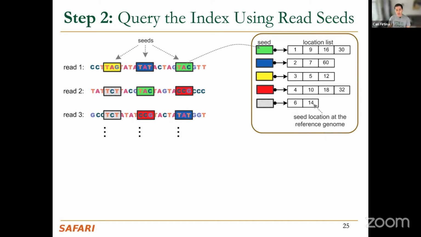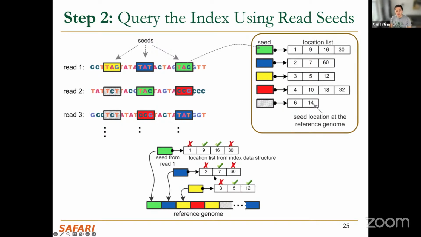So this is more or less the abstracted way of it. And then we do this, right? We take the seed, and then it tells us these positions, and then we go and check the other seed, and then it tells us these positions and so on. So the other step that we do is that the seeds that we extract from the read and the locations that we extract from the reference genome, is there a list of positions that are close to each other, right?